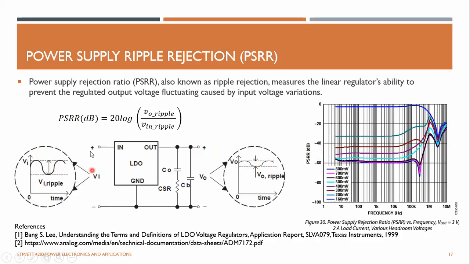If you're worried about any noise coming from the input side of any power supply, in automotive applications, consumer electronics or any industrial application, and you know the frequency of this ripple, you can get rid of that noise by purchasing an LDO regulator and looking at its PSRR characteristics, based on this frequency and the PSRR.